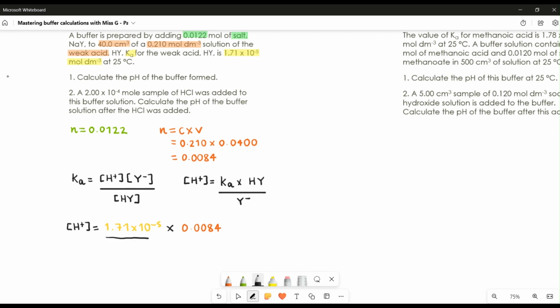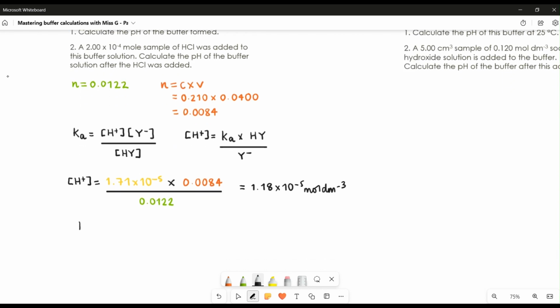And then I'm going to divide that by the moles of the Y minus, the salt, which was 0.0122. And I'll just do that on my calculator now. Which gives me 1.18 times 10 to the minus 5 moles per decimeter cubed to 3 significant figures.